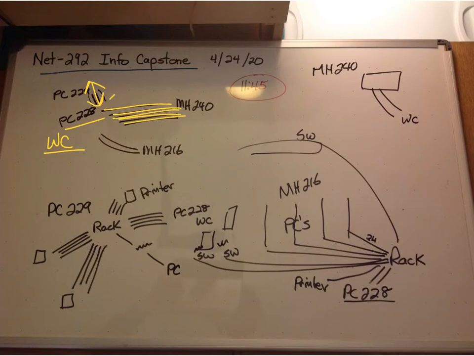So this wiring closet doesn't connect directly to MH140. It actually goes to the wiring closet, and then there's a couple wires that go from the wiring closet to MH240. But it's in the back of 216. 216 has a couple wires that come back to this wiring closet in 228.